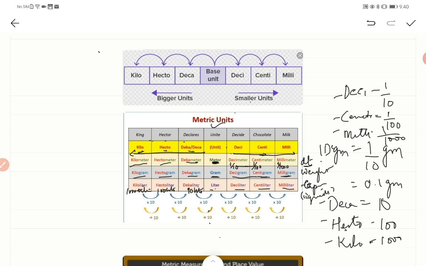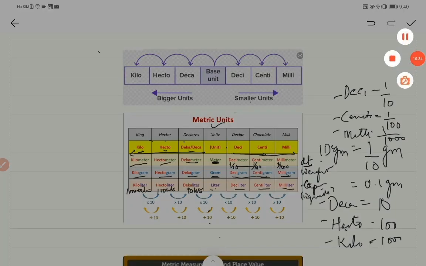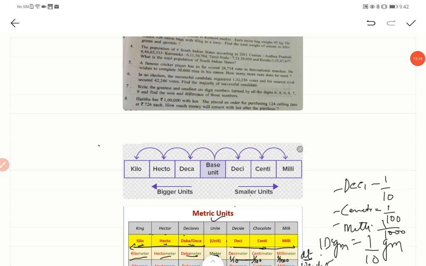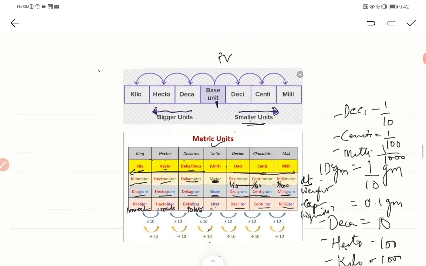So when you are giving place values, this is the base unit, and units are increasing on the left side and smaller units are there on the right side. That is what we had seen here.